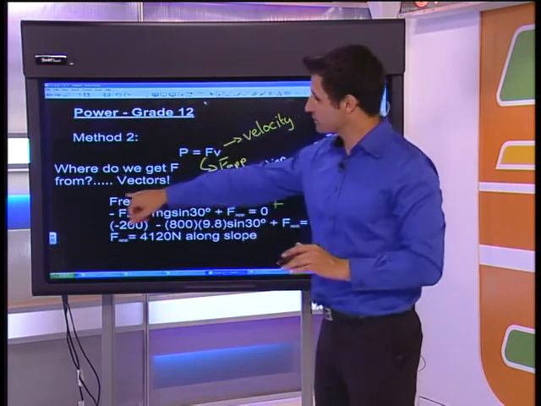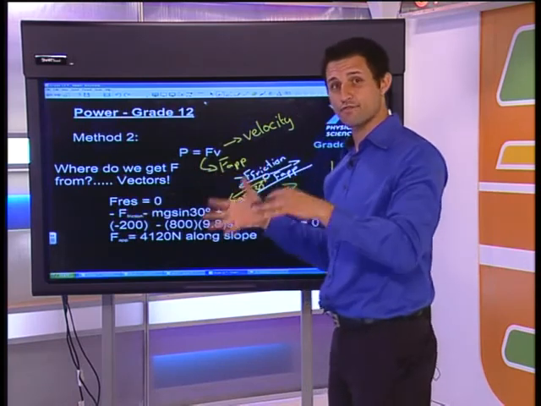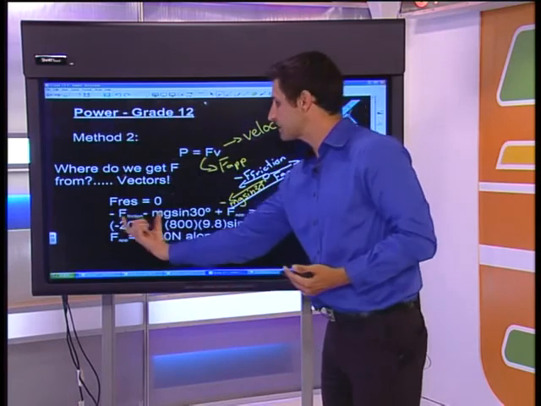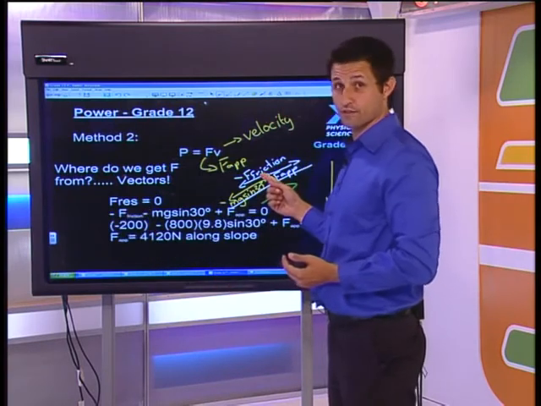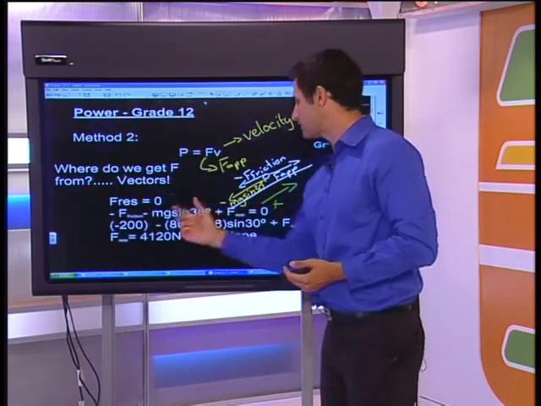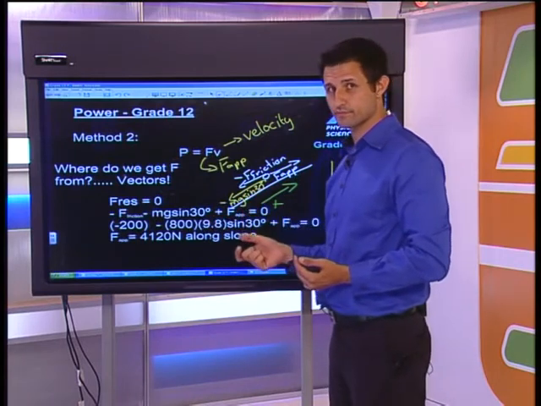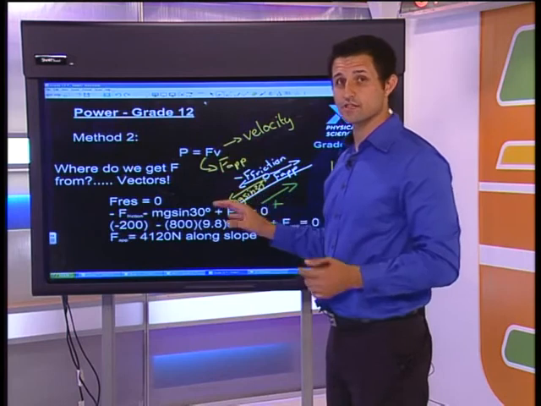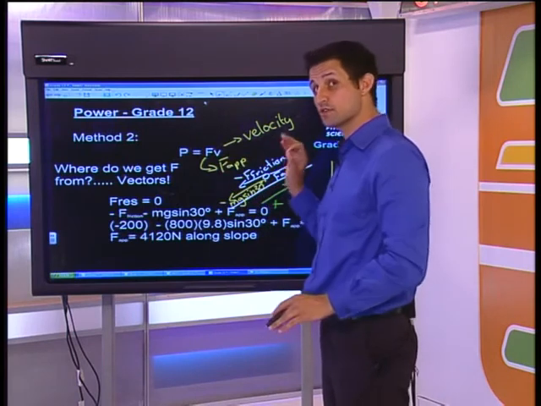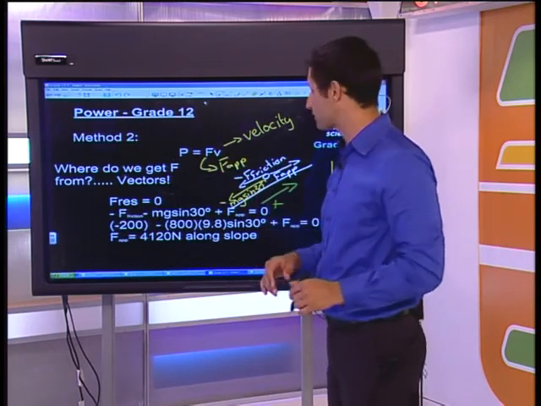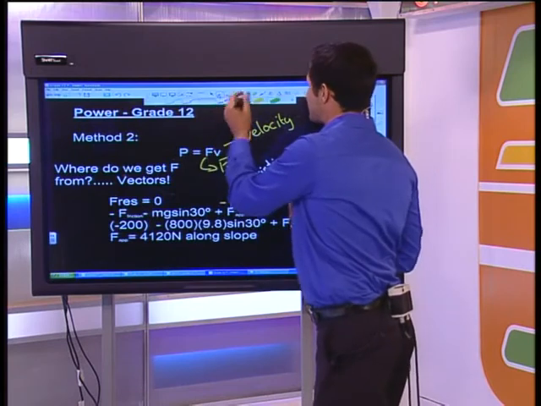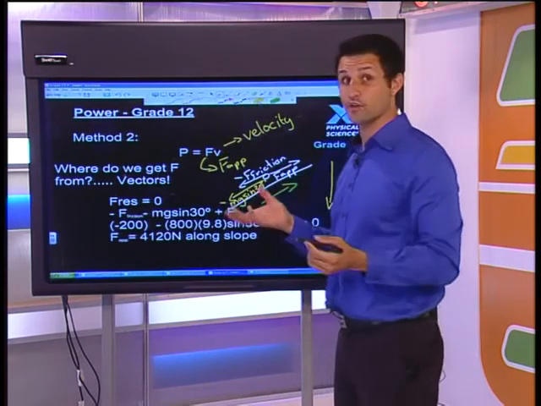So if I put together all of my forces inside my F resultant or resultant force, I see that friction is a negative force. I see that gravity is a negative force. My force applied is positive. The trick to doing vectors is always the signs, choosing a positive direction and sticking to it. So let's go through this. Let's actually see what's important. Let's see what I've got.